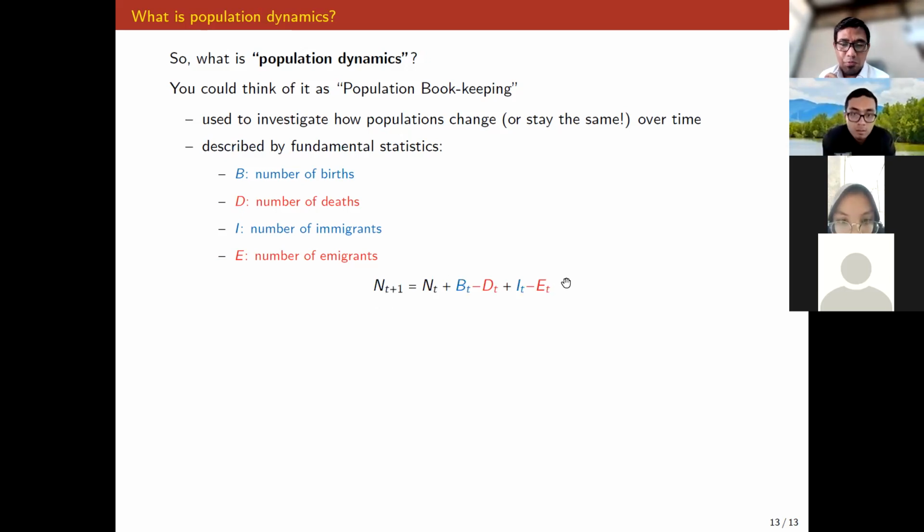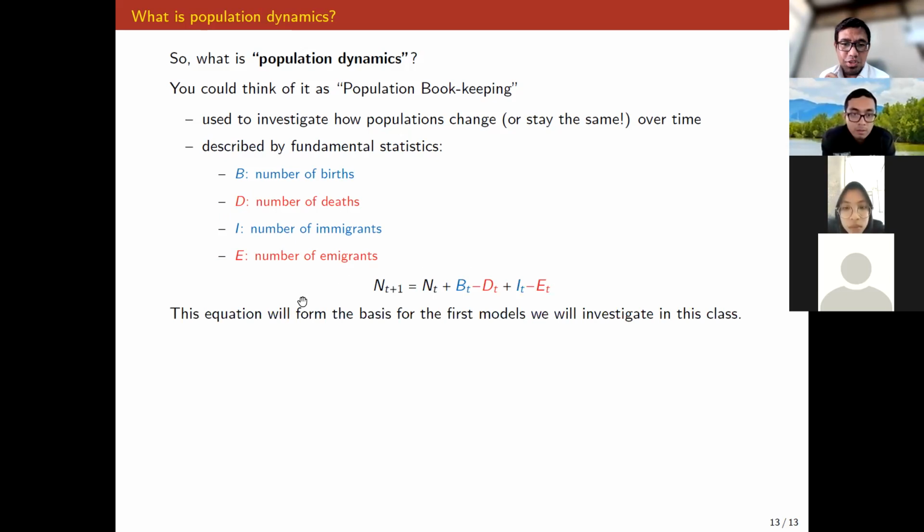So in a simple way, we can make an equation. This is very simple. N is the number of the population of some species at time t+1. Of course, we have to know the number of the population at time t.